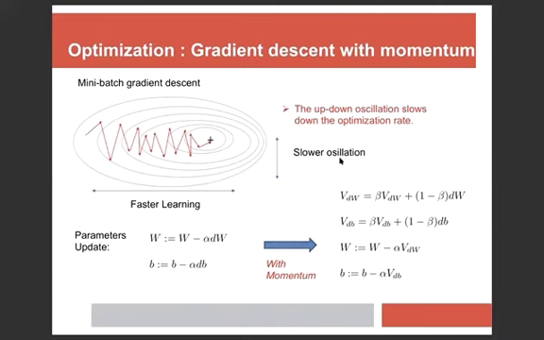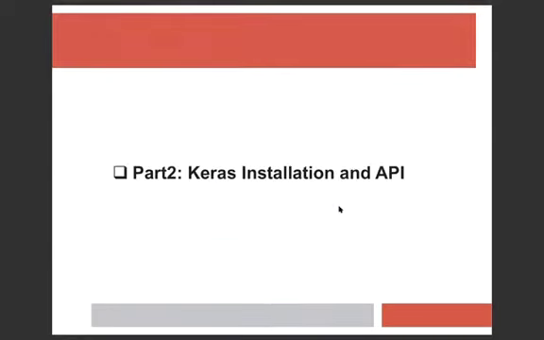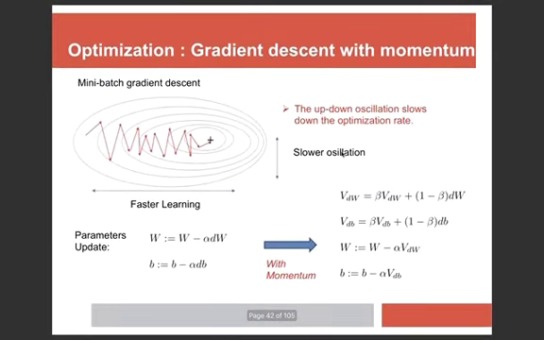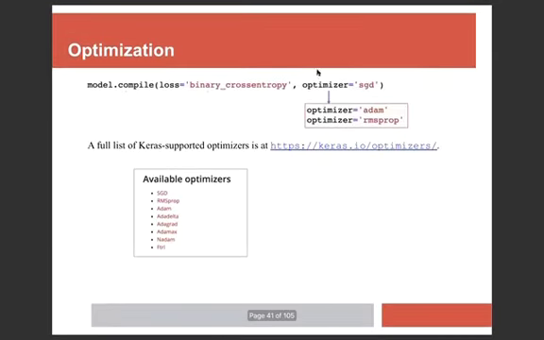Below are the parameter update mathematical formulas for adding momentum. But in Keras, we only need to update the optimizer parameters here, and all the others will be handled.